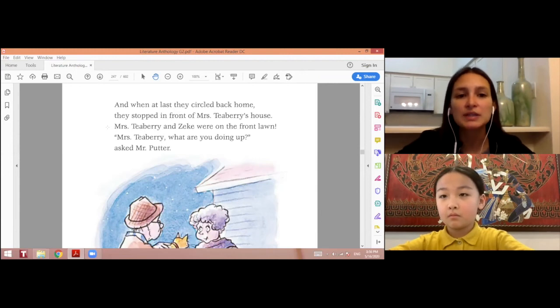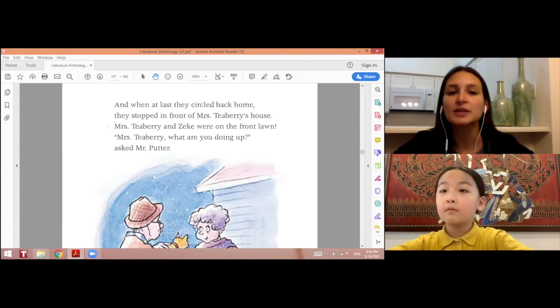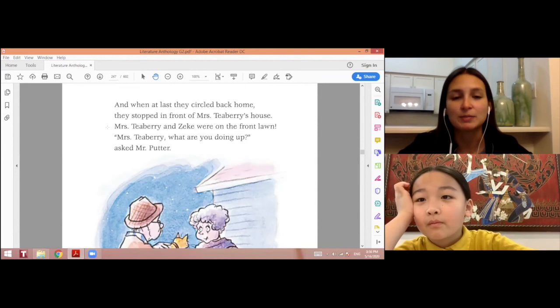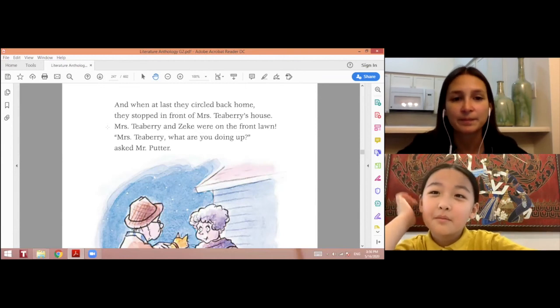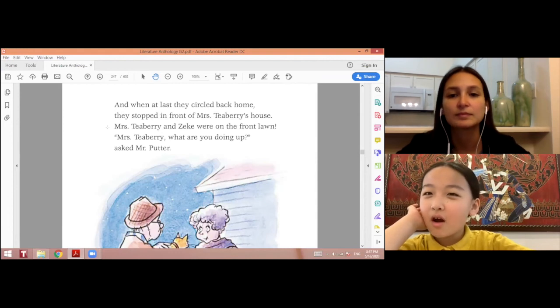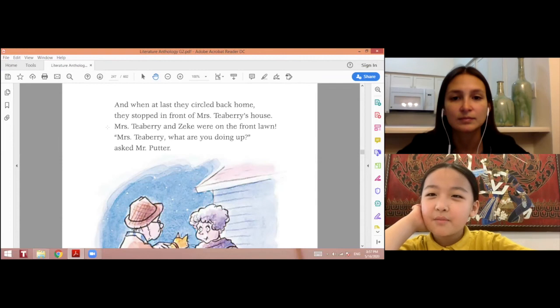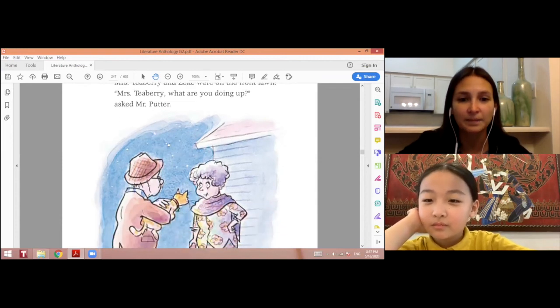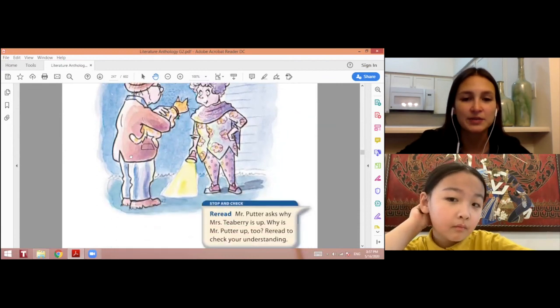Mrs. T-Berry and Zeke were on the front lawn. Mrs. T-Berry, what are you doing up? Asked Mr. Putter. Mrs. T-Berry and Zeke were on the front lawn. Mrs. T-Berry, what are you doing up? Asked Mr. Putter.